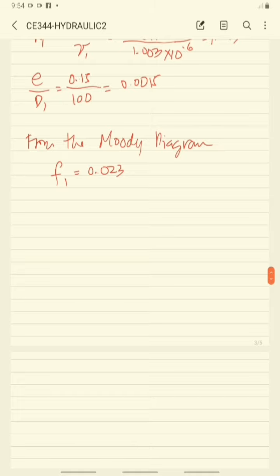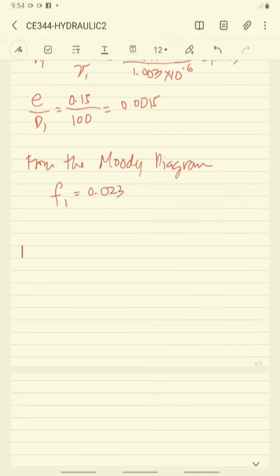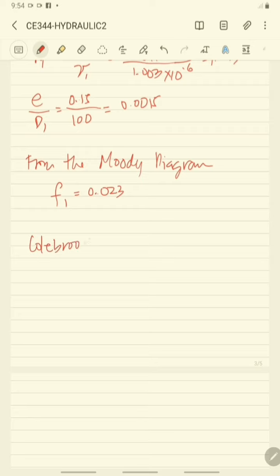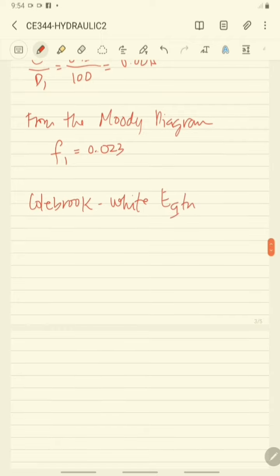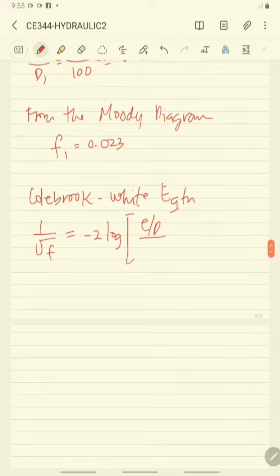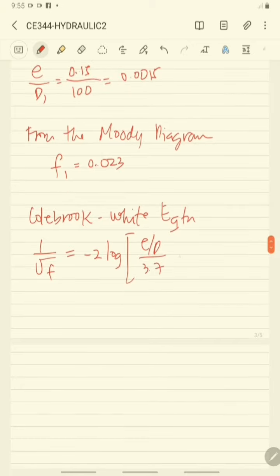If we use the Colebrook-White equation, we have this formula: 1 over square root of f is equal to negative 2 log of (E over D divided by 3.7 plus 2.51 over NR square root of f).